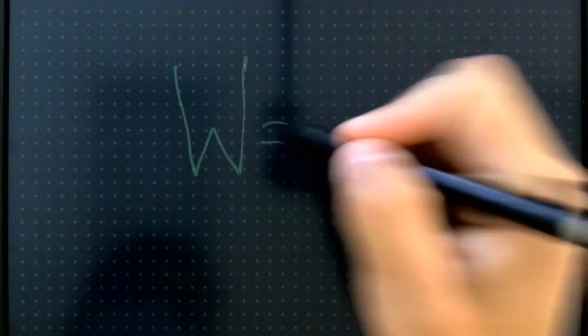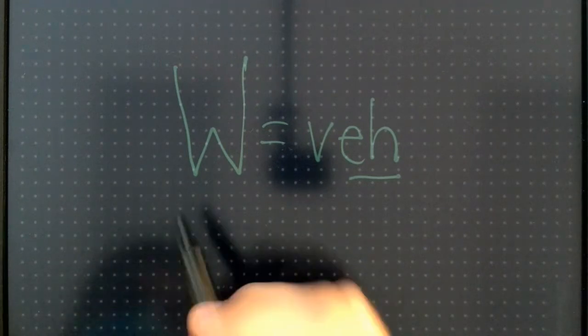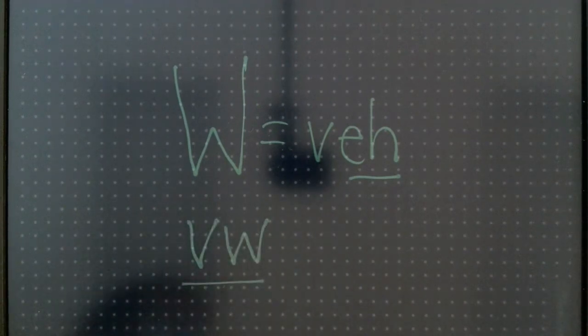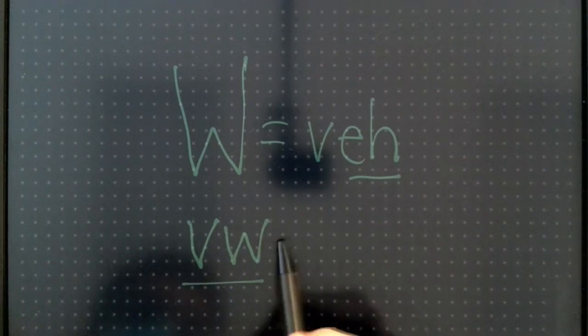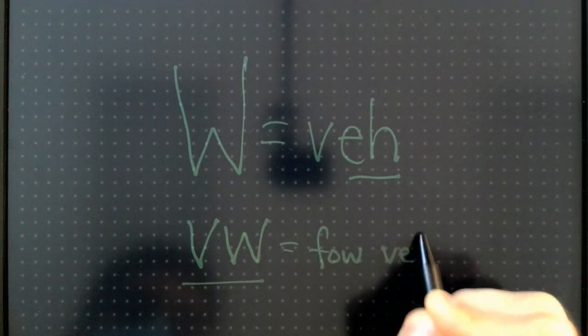So for the letter W, this one is pronounced "vay." And that's why some people get confused with these two. Now, an easy way to remember this would be to remember the German company Volkswagen, otherwise known as VW.